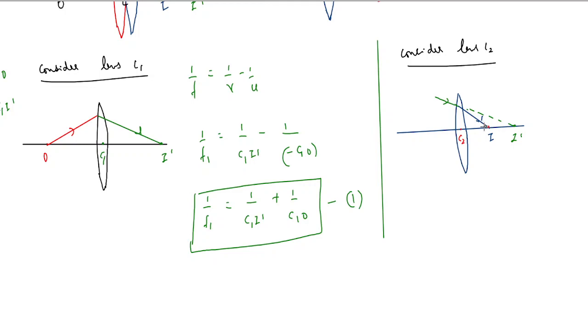Now the question is, for the lens, where is the object? The object cannot be at O because O is the object for lens L1.